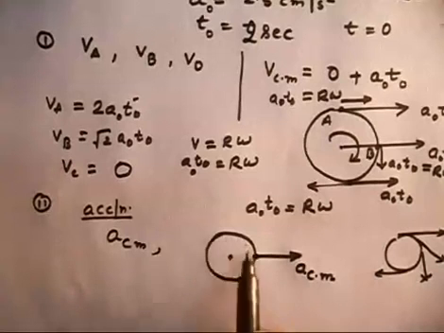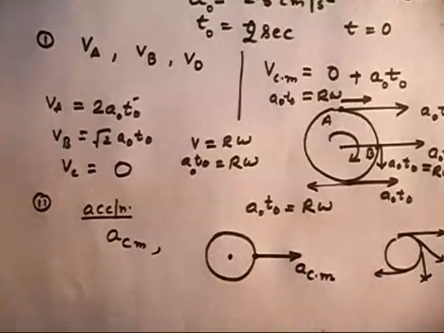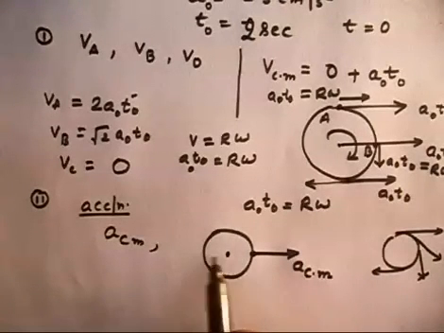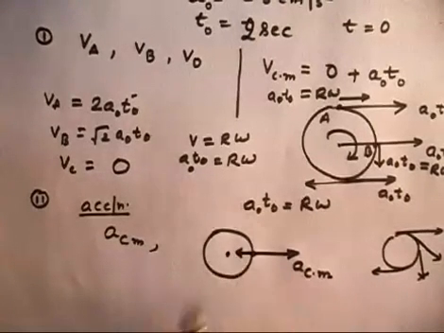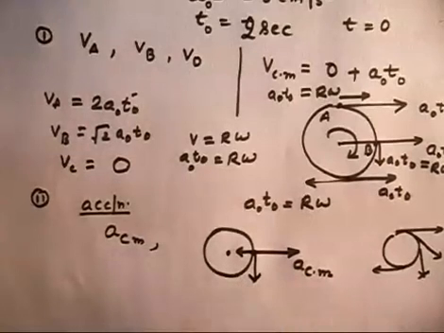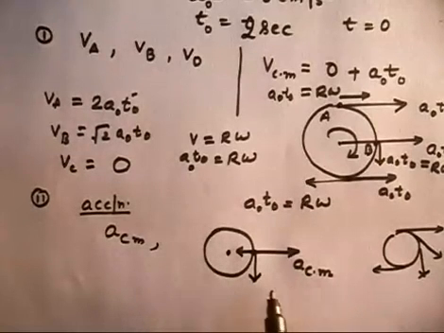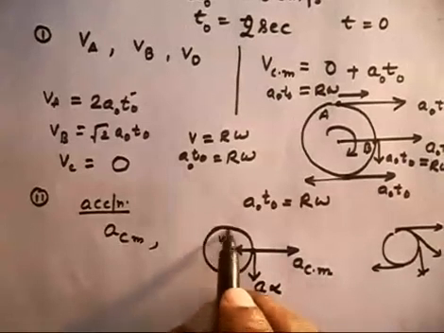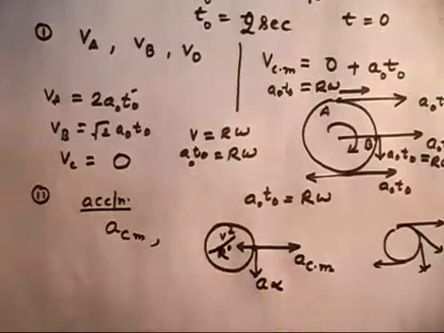Now this is moving in a circular path, so this point will also have acceleration, that is v square by r, and one tangential acceleration, r alpha. So we will have r alpha tangential acceleration, and v square by r is the radial acceleration.